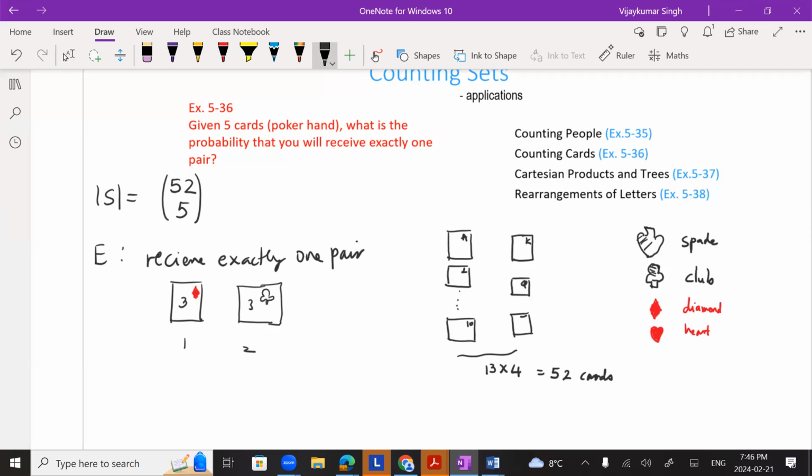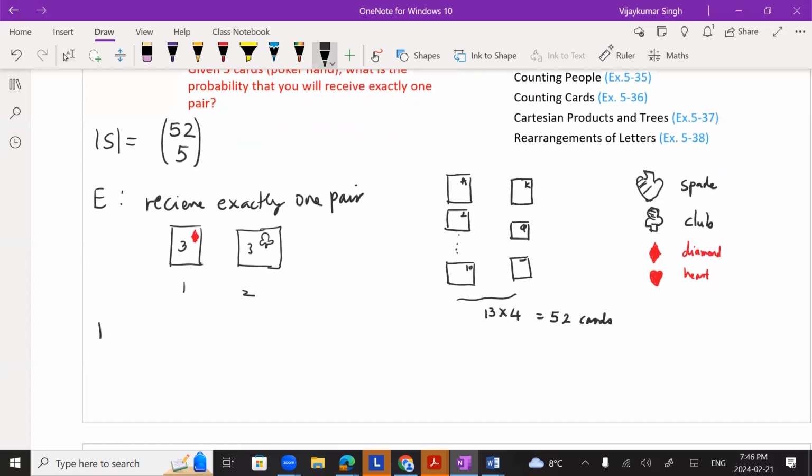All right. So now let's count. So let's see, what is the size of E? First of all, let's say we want to make the pair. How many choices do we have for making a pair?